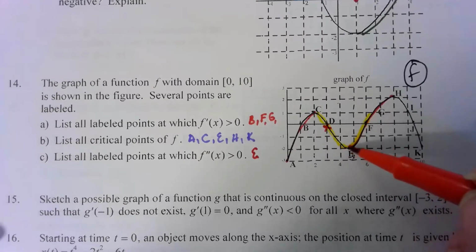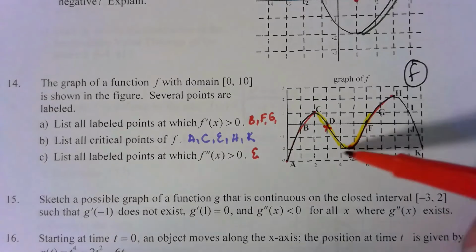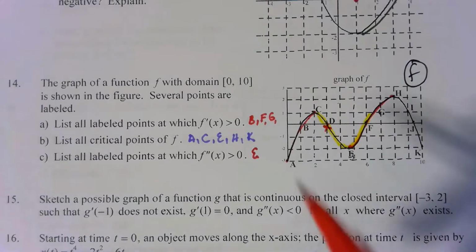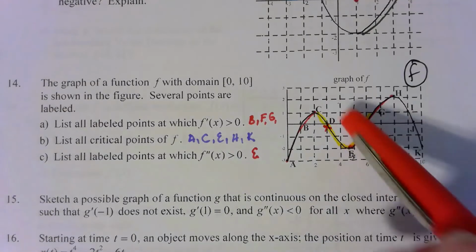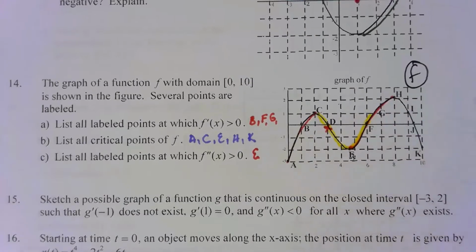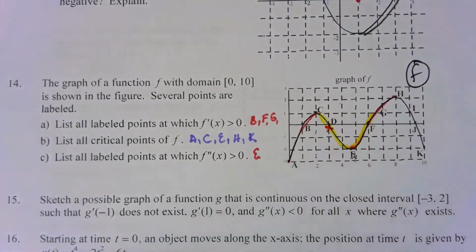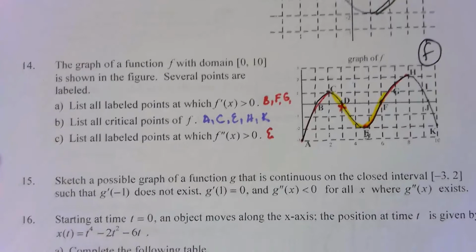And of course all these other points in between, but he just wants you to specify on these particular points that are labeled. Concave up, smiling, means second derivative positive, and second derivative negative when it's frowning. E is kind of caught in between two inflection points, so we're safe to go with E.